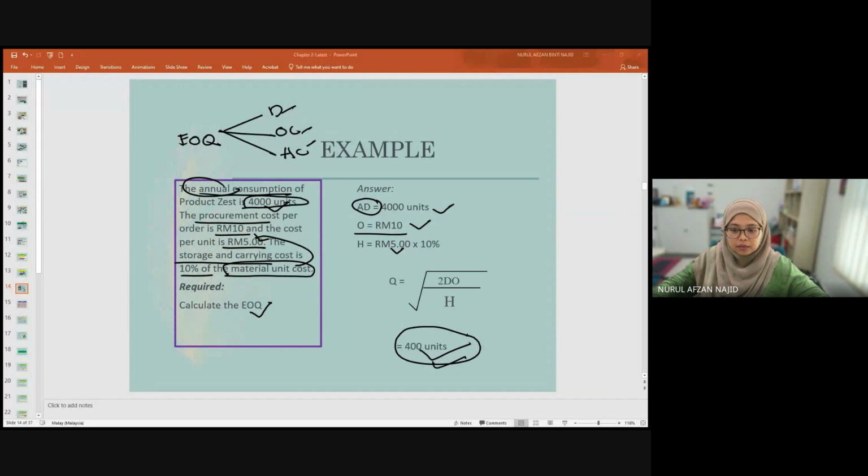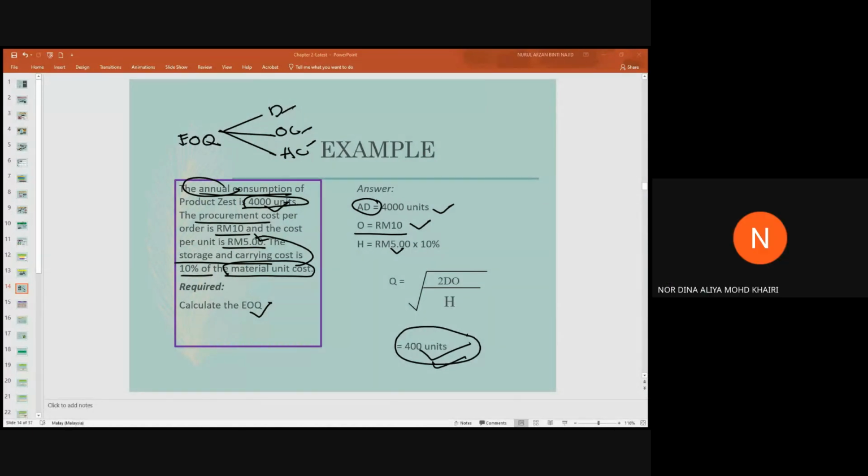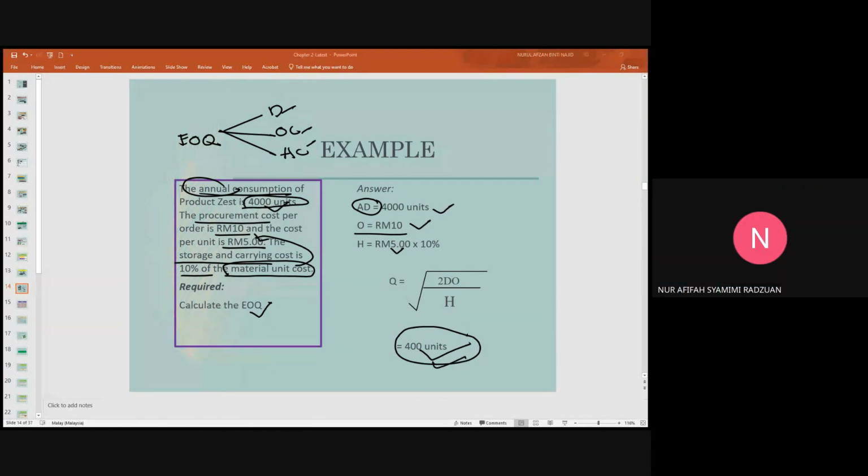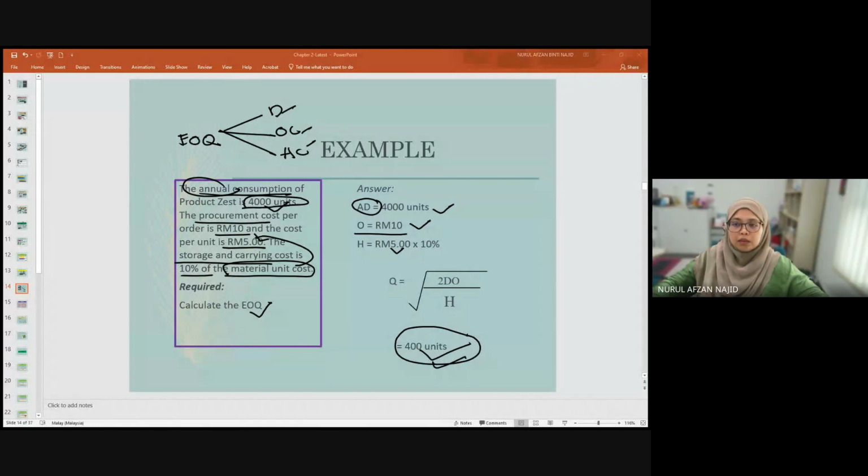Aiman okay tak? Aiman baru join, terus kena tanya. Siapa lagi ni? Kita panggil sikit. Dina Alia, are you okay? So far? Okay, madam. Okay, good. Afifah Syamimi, are you okay? Yes, madam. Okay, good.